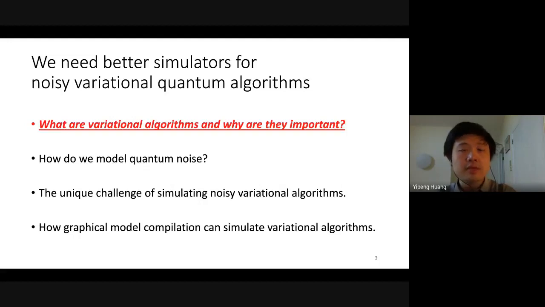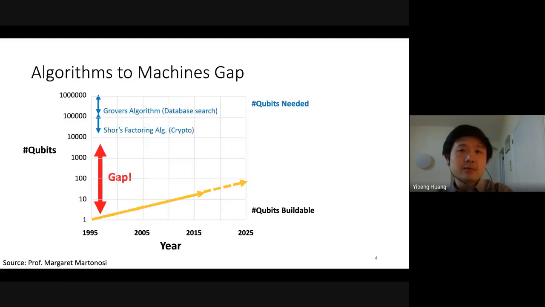So let's go ahead and jump in. So the excitement about variational algorithms is that we believe that they're going to be the first demonstrations of useful quantum computing. So you might have seen variations of this type of graph before. What this graph is showing is that over the course of the development of quantum computing technology, we're obtaining more and more useful qubits over the decades.